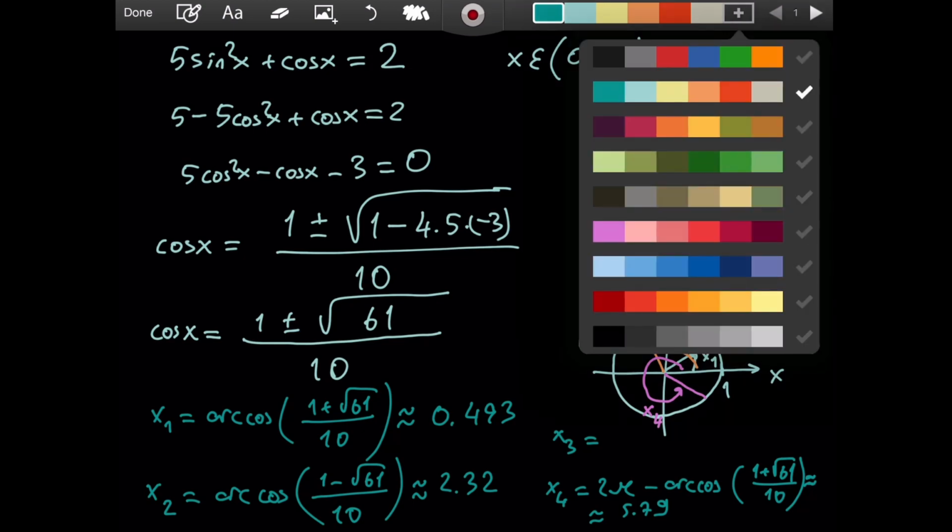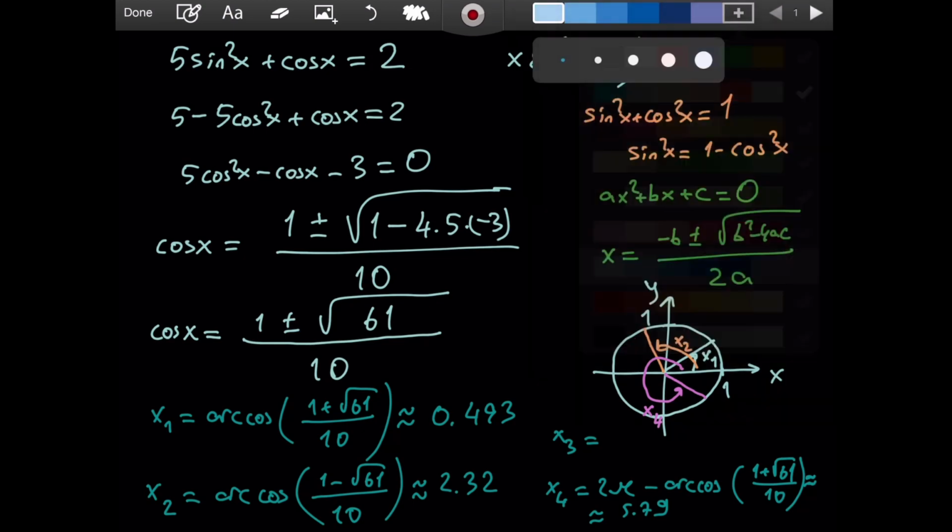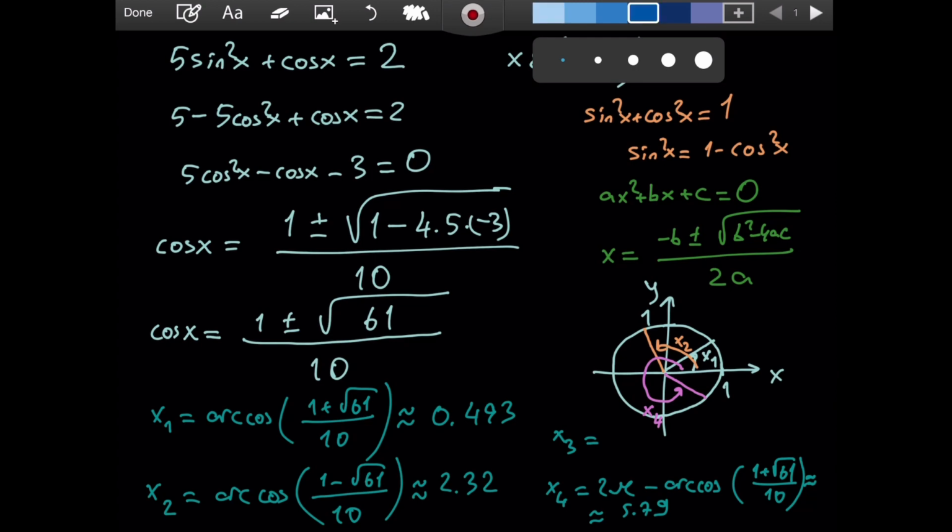And for x3, we are going to do something similar. The symmetry argument still holds, but this time for x2. If we were to reflect this x2 with respect to the x-axis, we see that there is another angle like this, which I will call x3. And to be able to get that x3, we do the same thing that we just did.